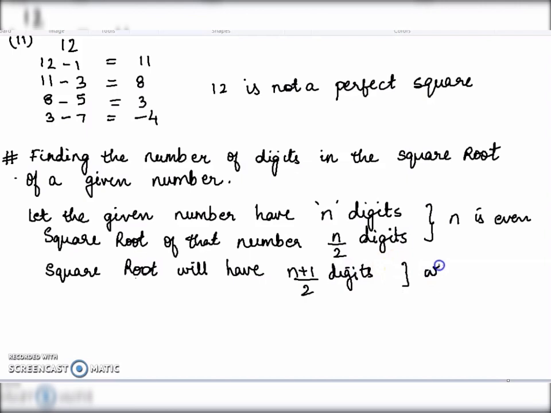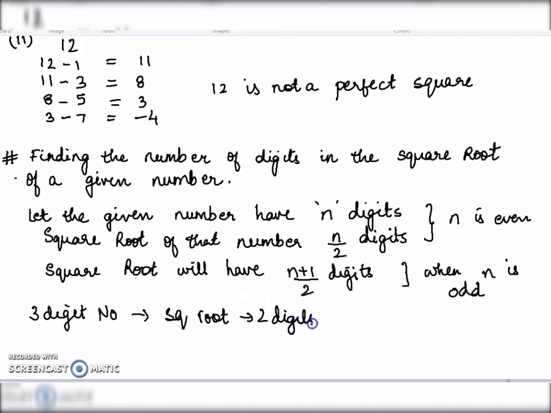That is when n is odd. So which means if a number is having 3 digits, you will add 1 to that and then divide by 2. So that is 3 plus 1 by 2 or 4 by 2. Again, it will have 2 digits. So if the number is a 3-digit number, its square root will have 2 digits. That is the meaning.